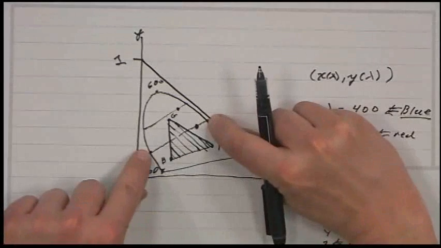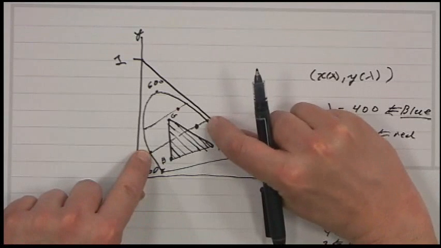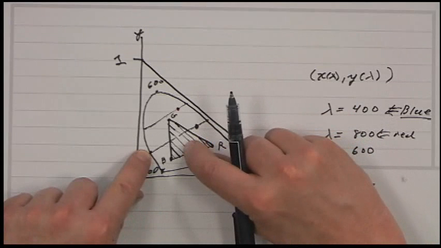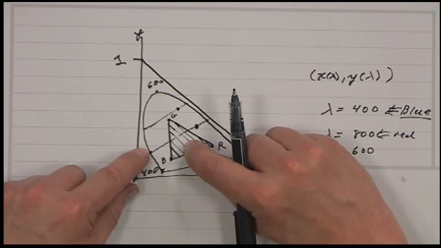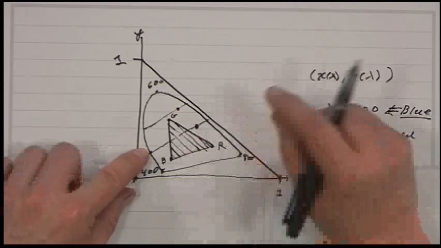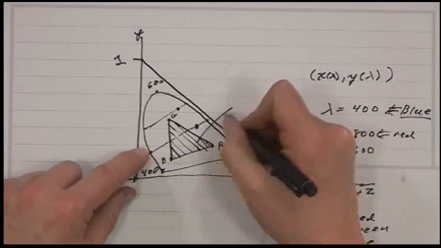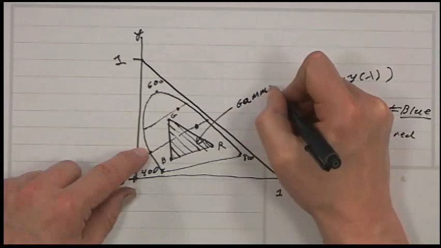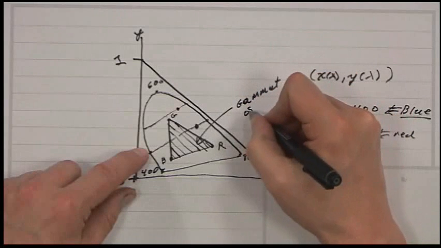A combination of those two pure spectral colors will produce that color. But the problem is it falls outside the range of colors that can be produced by the display. So this thing here is known as the gamut of the display.